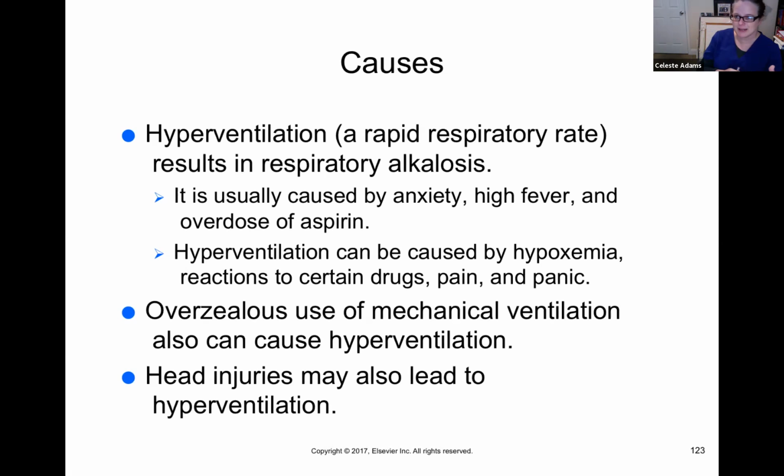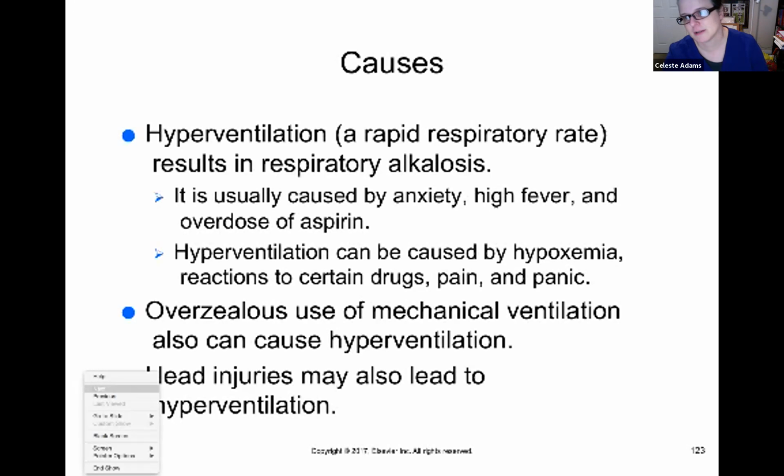If they hyperventilate, they're getting rid of the CO2 too much. The body's not able to retain the CO2, low CO2, respiratory alkalosis. All right. Any questions so far?